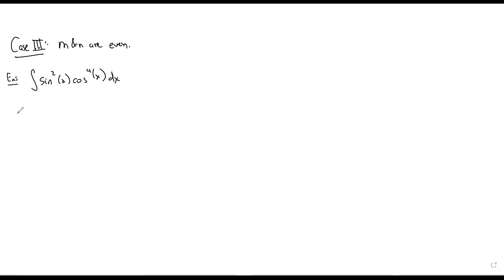So if they're both even, our rule says that if I want to take the integral of sine^m x cosine^n x dx, I'm going to make a substitution where sine squared is equal to 1 minus cosine 2x over 2. This is one of the half angle identity formulas.